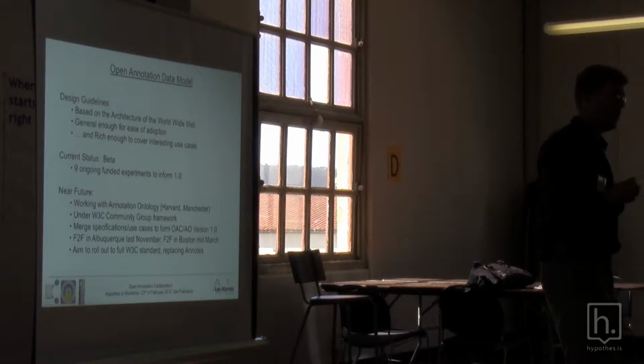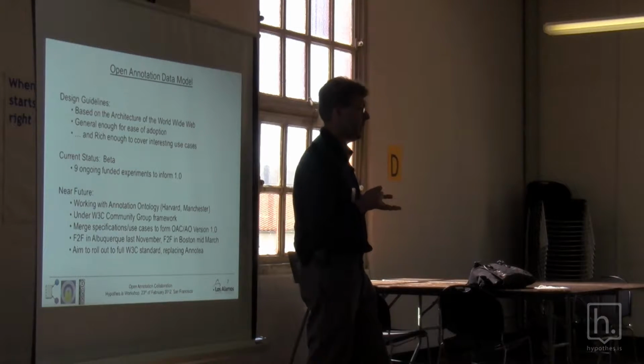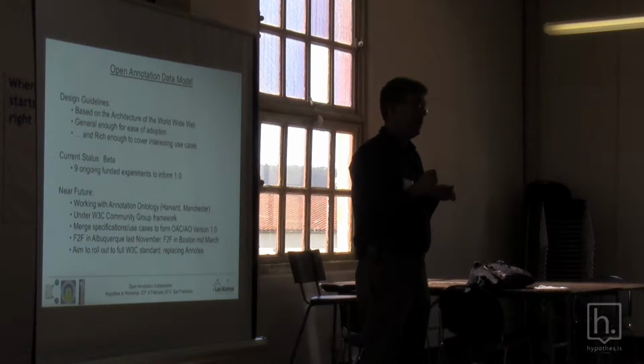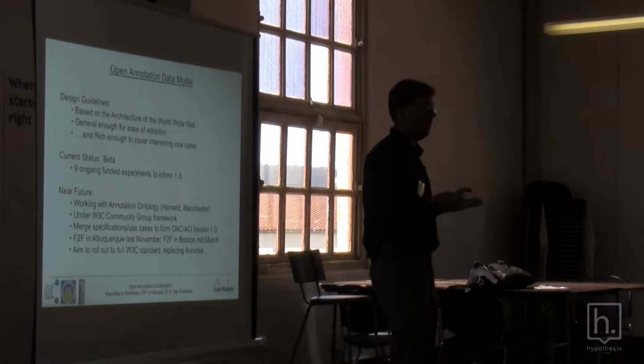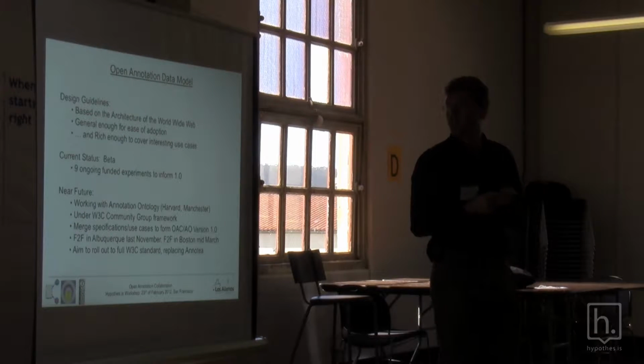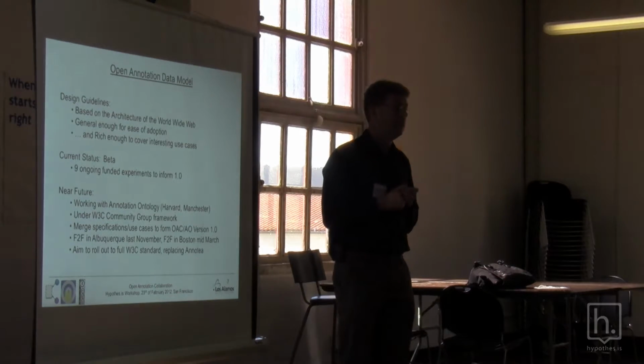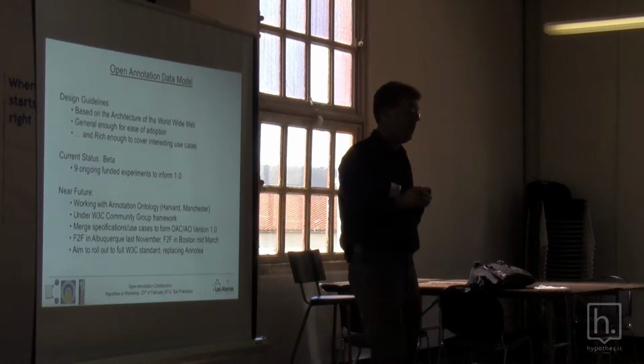We're in beta status at the moment. We have a pretty solid model with 9 ongoing funded experiments to either validate or provide hopefully minimal changes for a 1.0 specification.